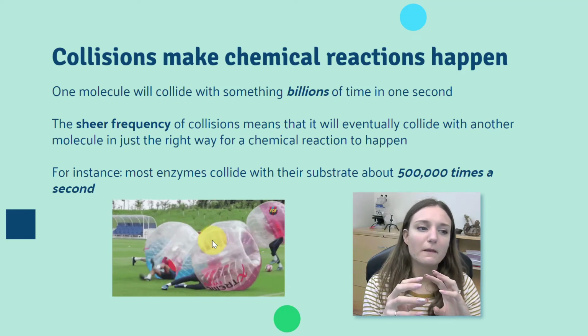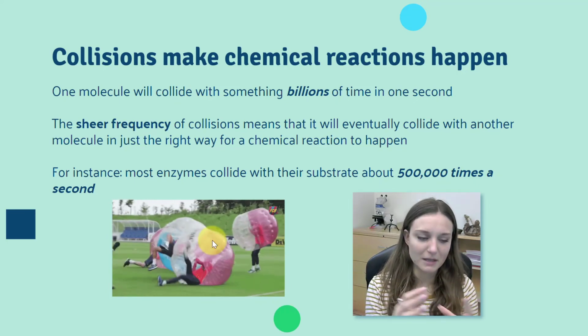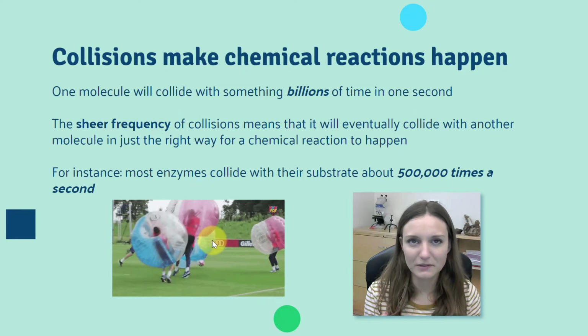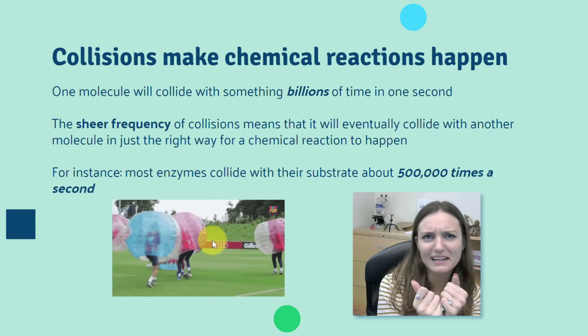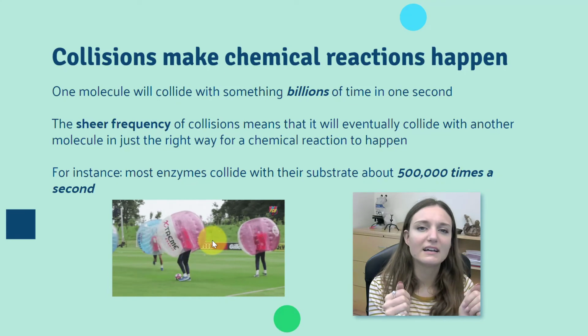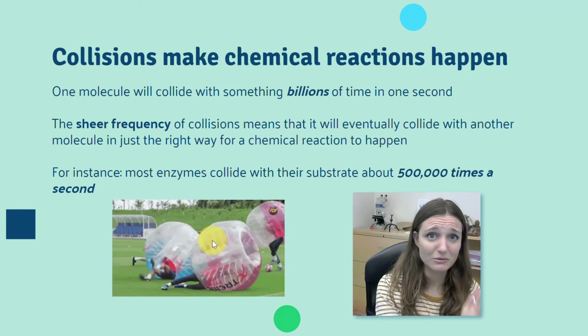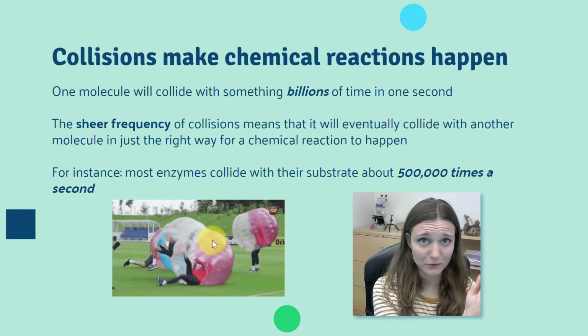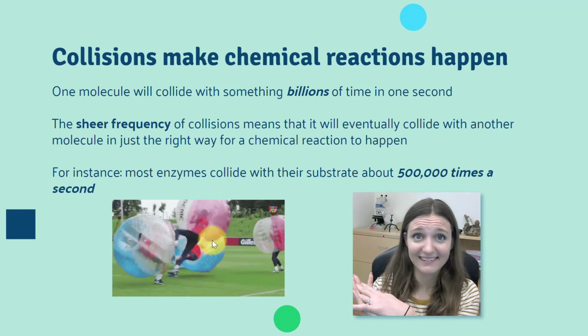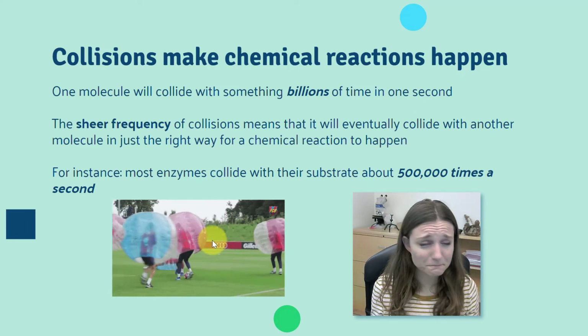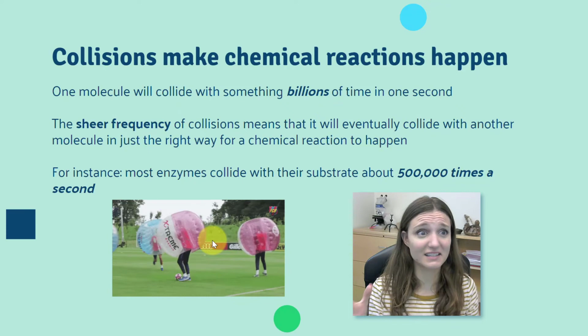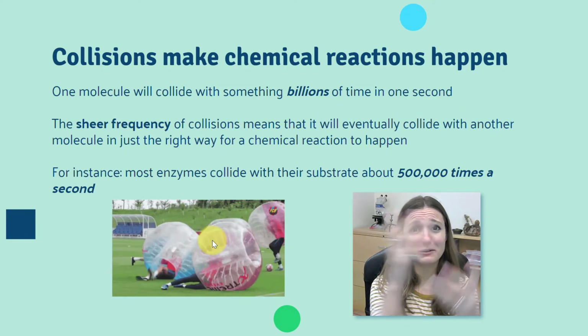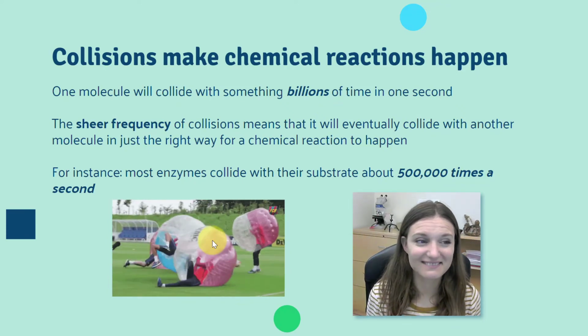So we talk oftentimes about chemical reactions occurring within cells and the enzyme and the substrate connecting to each other, but that connection between these molecules that causes a chemical reaction is just a collision that's happening at the right time, okay? And it can happen because there's just so much stuff bumping around and bouncing around inside of our cells, okay?